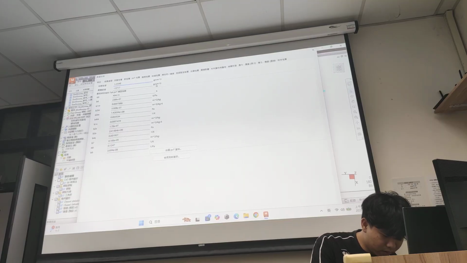It helps a current collect volume shrinkage and warpage. The default model used here is the two-domain model.